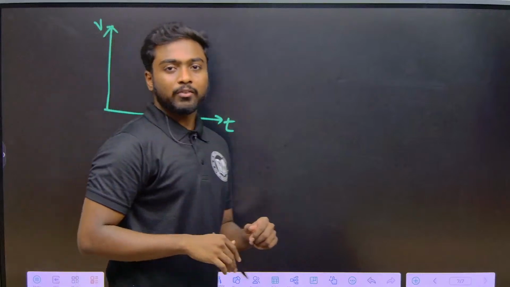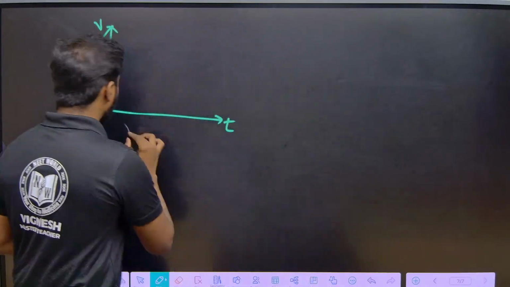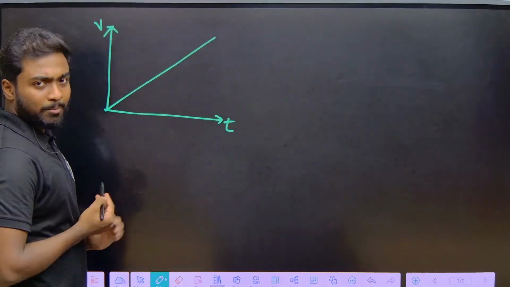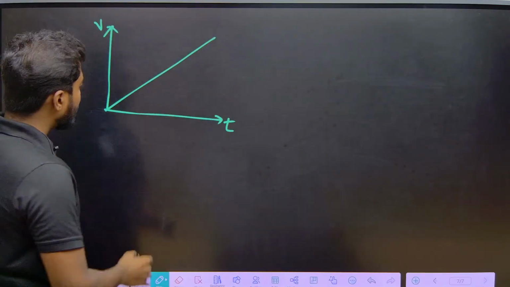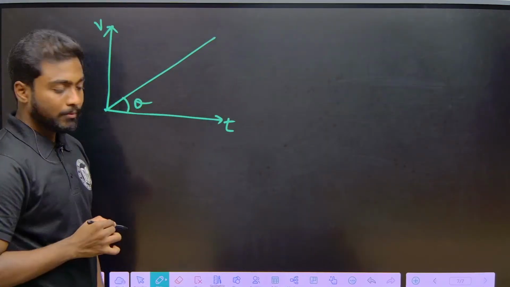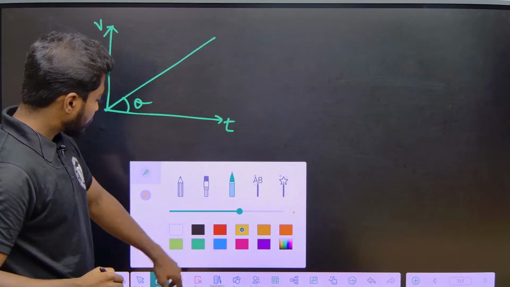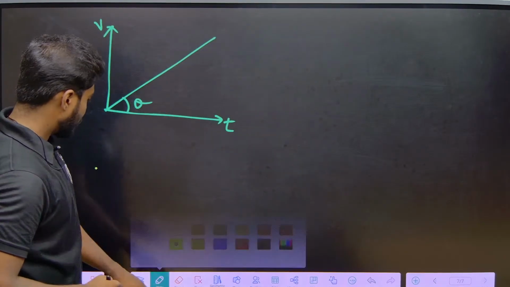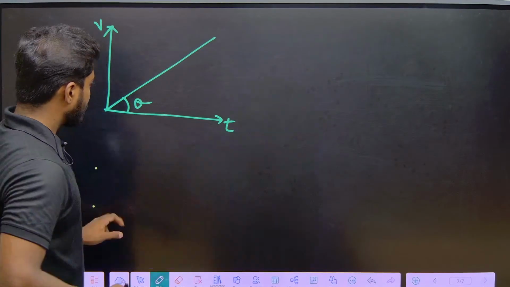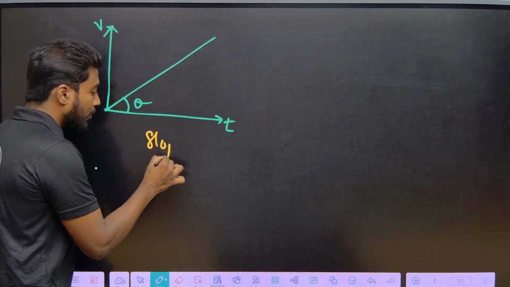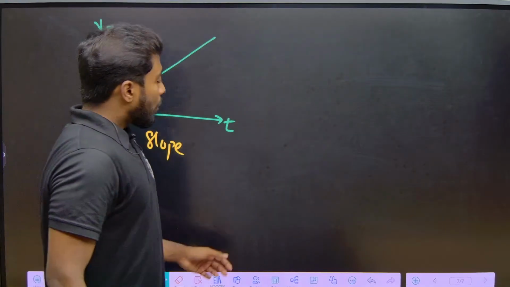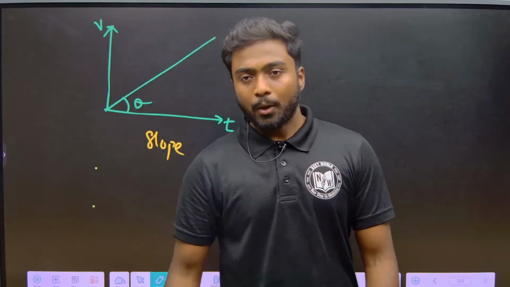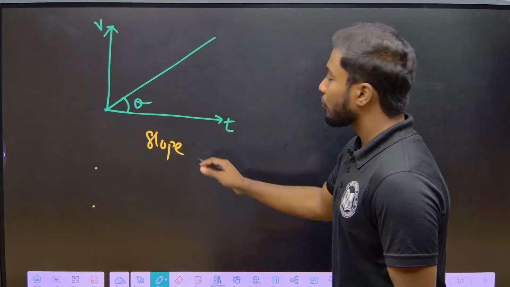See, this is v versus t, velocity versus time. The same thing I will take here. Some line I have taken. If I get theta here, what is theta? That is the slope, right? Theta is nothing but slope. For what, sir? What is the purpose of the slope here?